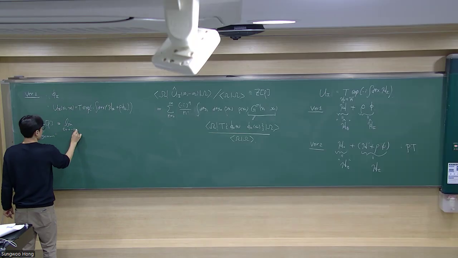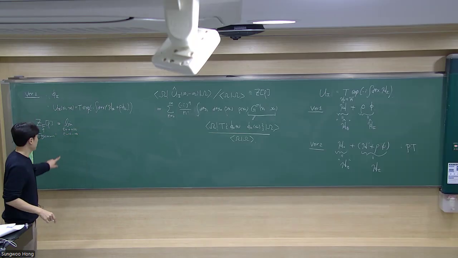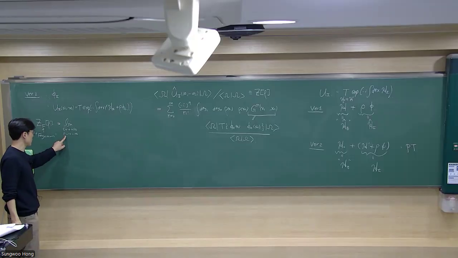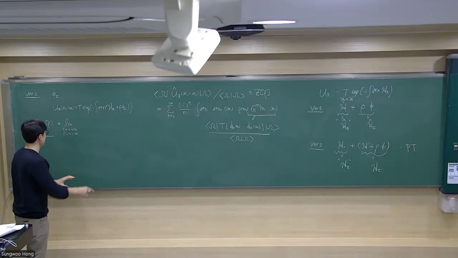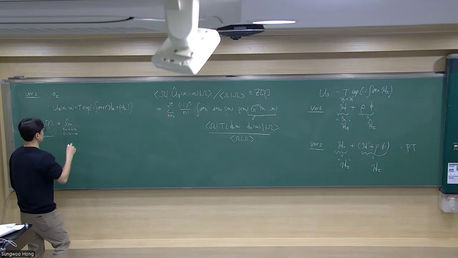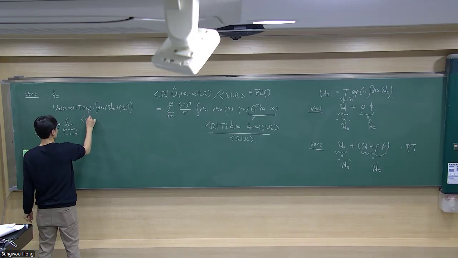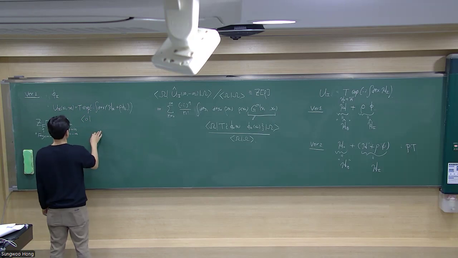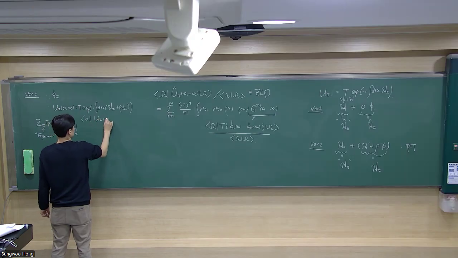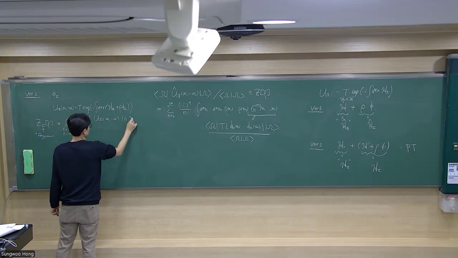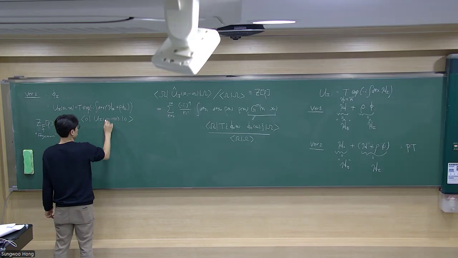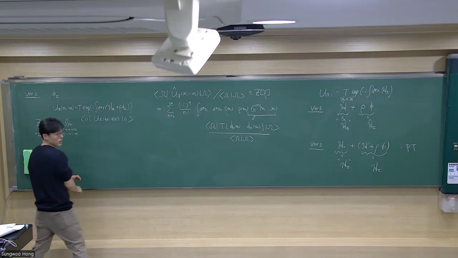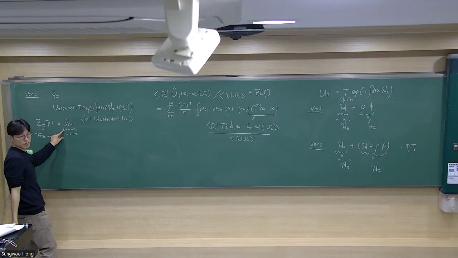So I take future time to go to plus infinity, and past time to go to minus infinity, but I'm just going to use a regularized notation for a second. So now I'm going to write the vacuum, and I'm going to write down this, here T plus, T minus, that's what I mean, because I'm sending this to infinity and minus infinity.